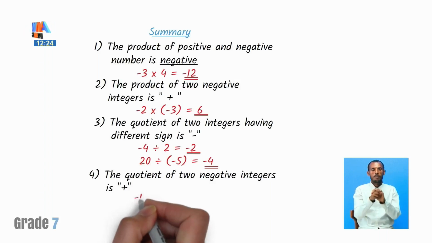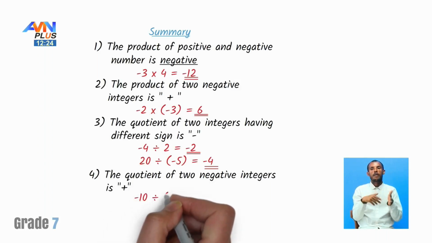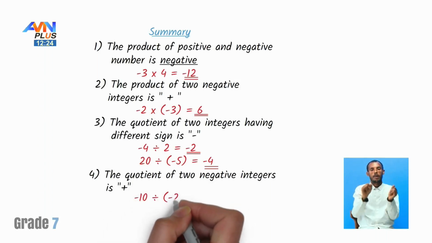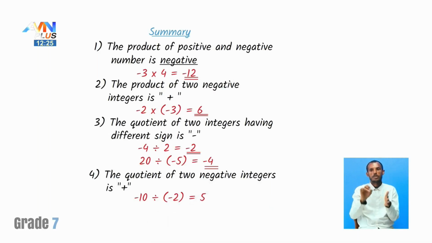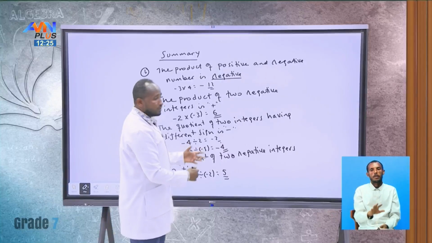For example, if you have negative 10 divided by negative 2, both are negative, the quotient is positive. 10 divided by 2 gives us 5. The answer will be positive 5. This is all about today's lesson.